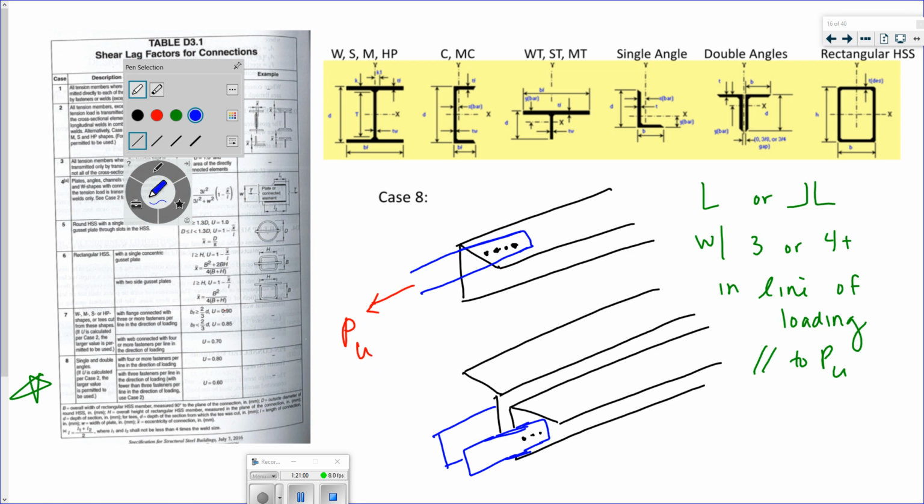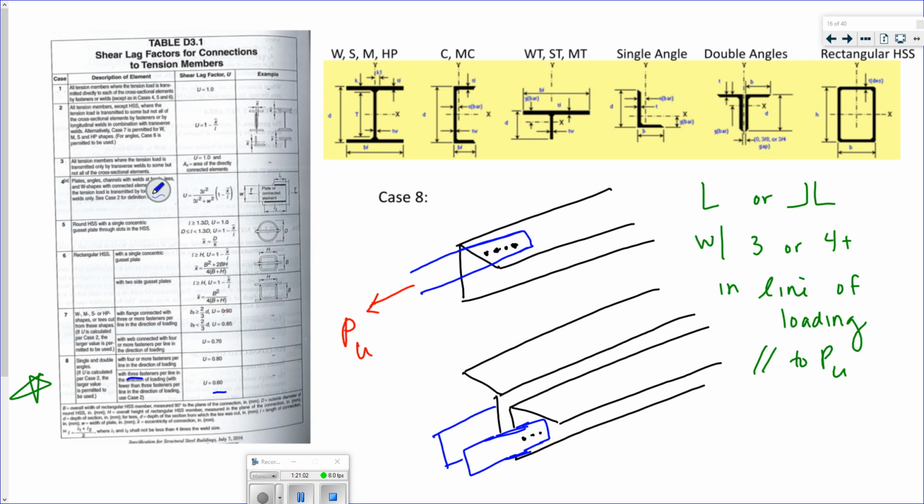Right, if you have 3 fasteners, you have a smaller shear lag factor. 4 fasteners, you get up to 0.8. It says with fewer than 3 fasteners, so if you only have 2, you have to go up to case 2. But this is if you have 3 or more.